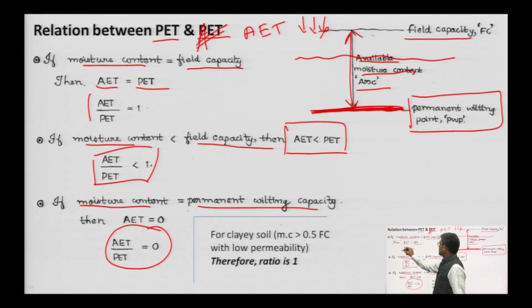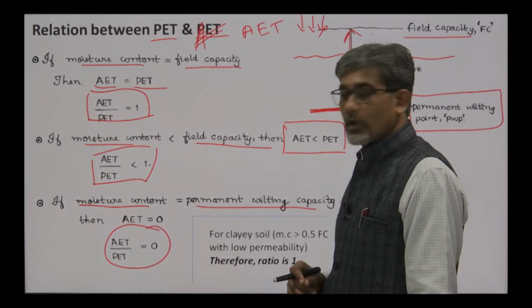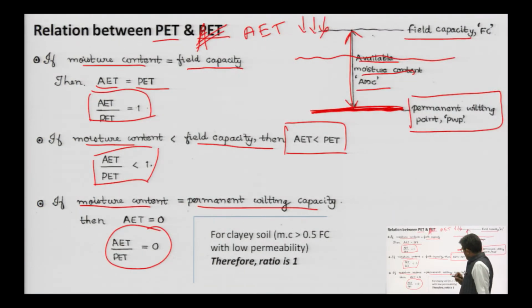At field capacity it is only 1, but it cannot be more than 1. So the ratio is either 0, 1, or less than 1.